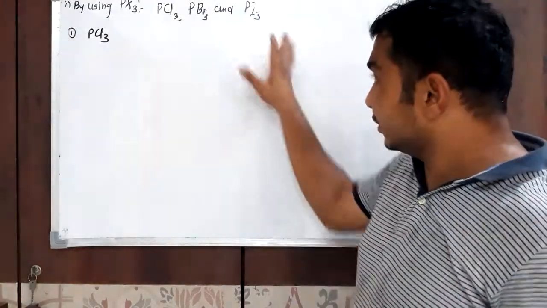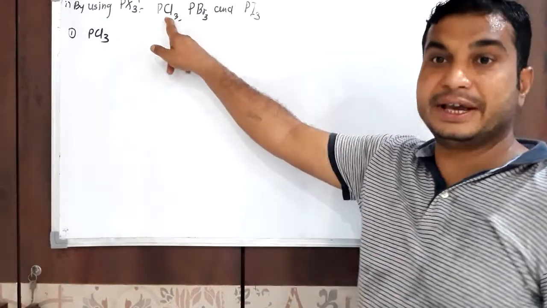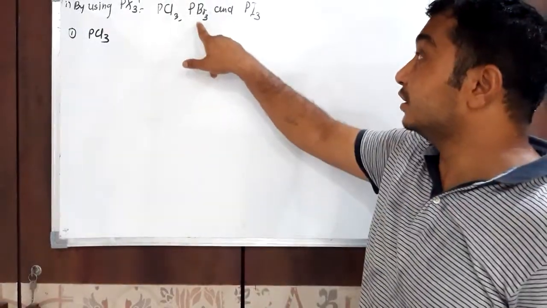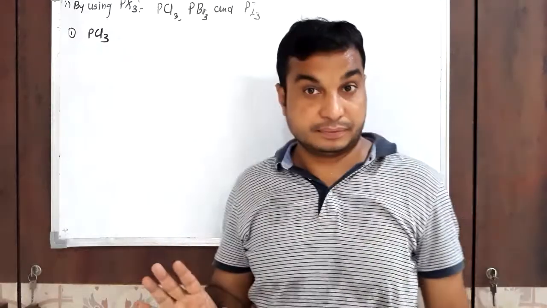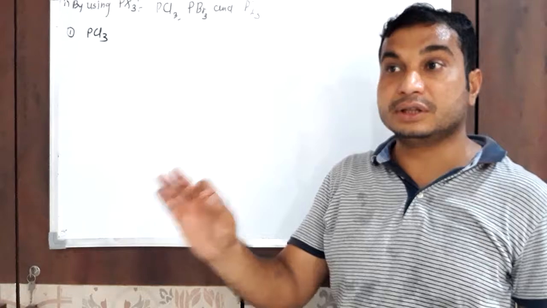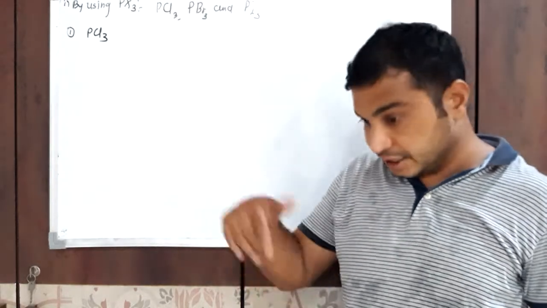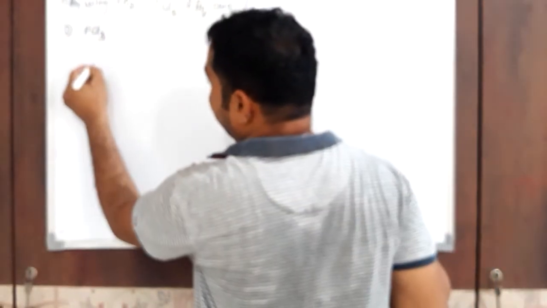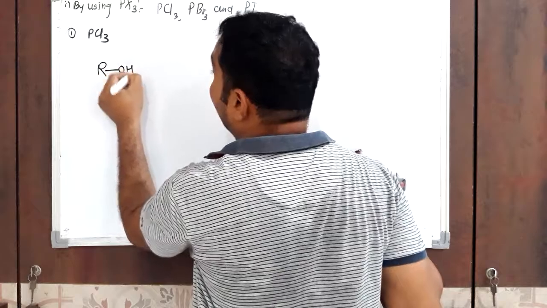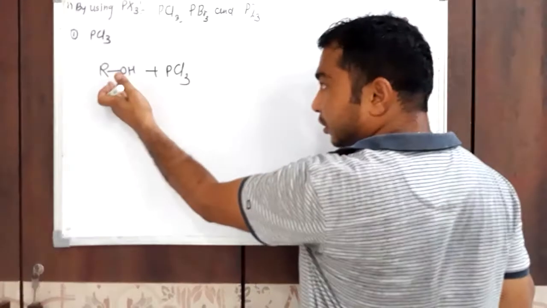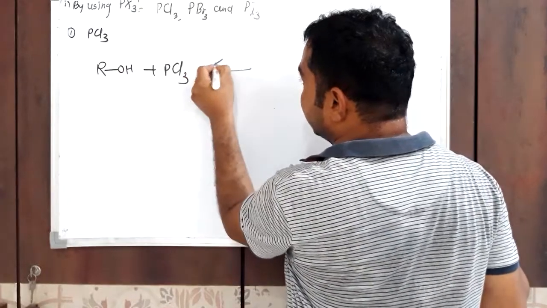Among these, PCl3 is the stable one. It is available as a stable compound, but PBr3 and PI3 are not available. They are unstable, which means we have to prepare them in situ, inside the reaction mixture. So consider PCl3. Reflux the alcohol with PCl3, that is, take alcohol, react with PCl3 and heat.